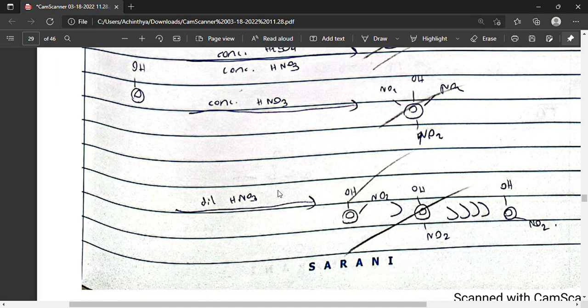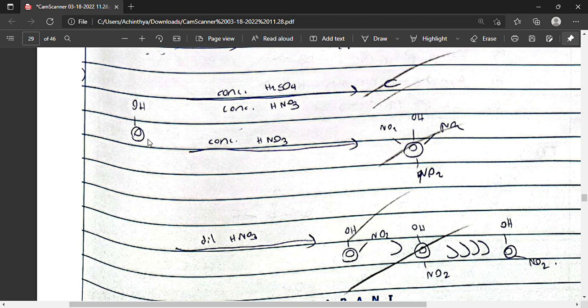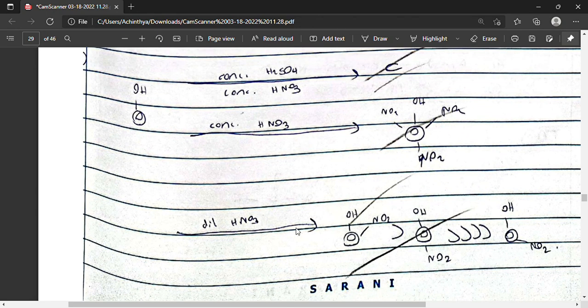And if we were to take toluene, which is basically CH3 attached to the benzene instead of OH, and make it undergo this reaction, we will be able to get trinitrotoluene, or TNT.